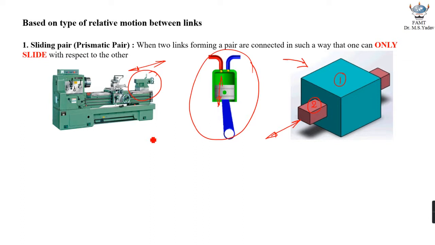So a sliding pair is the one in which one link can only slide with respect to the other one. Another name given to this pair is prismatic pair, meaning a sliding pair is also called a prismatic pair. Now if you look closely, a sliding pair transmits completely constrained motion.